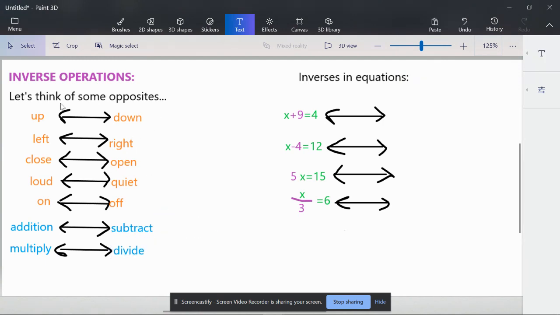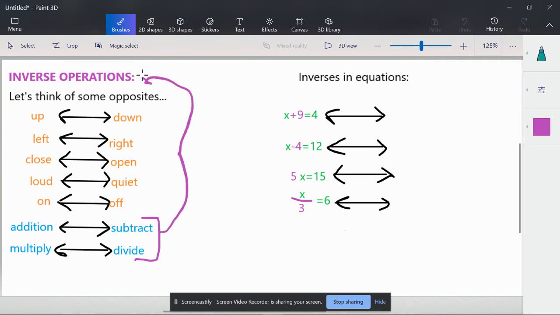So when we have all these pairs of opposites, the main thing that I want you guys to realize is that addition and subtraction and multiplying and dividing are special because they're math opposites. So they are inverse operations, because addition is the inverse operation of subtraction and dividing is the inverse operation of multiplying.